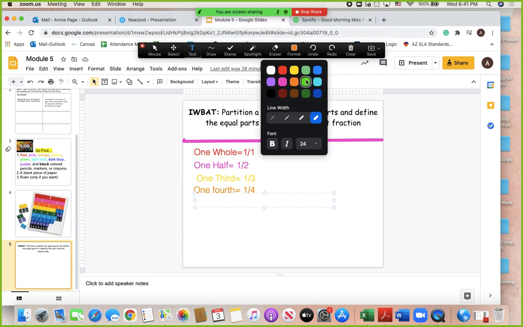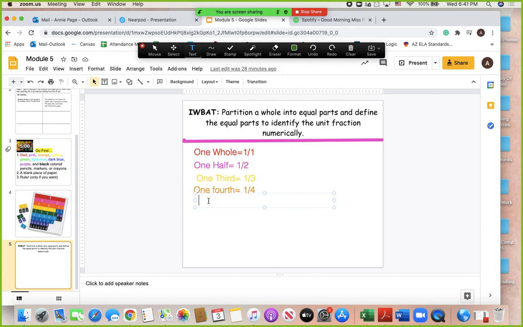And the next one is going to be green. 1/5, which is 1 over 5. And then light blue, which is 1/6, or 1 over 6.